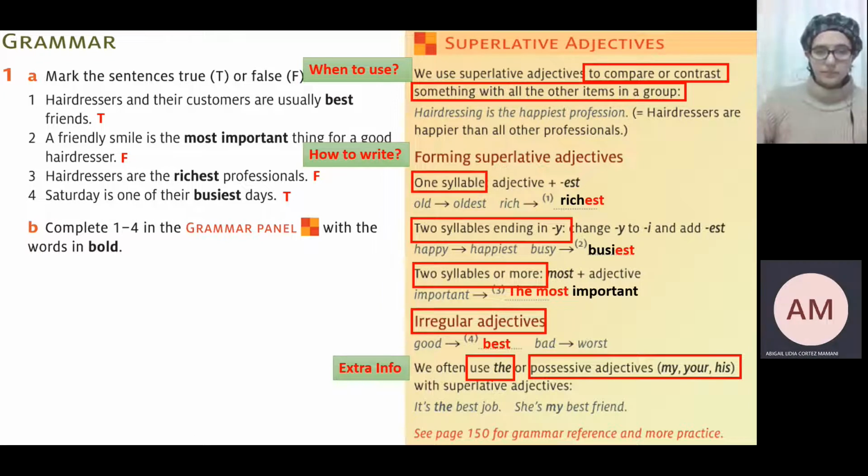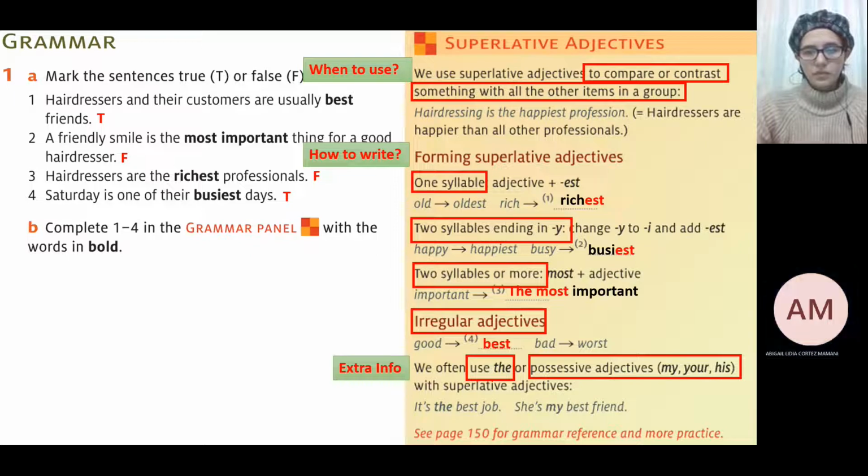Okay, teacher. We use superlative adjectives to compare or contrast something with the other items in a group. Okay, this word is items. That means objects.